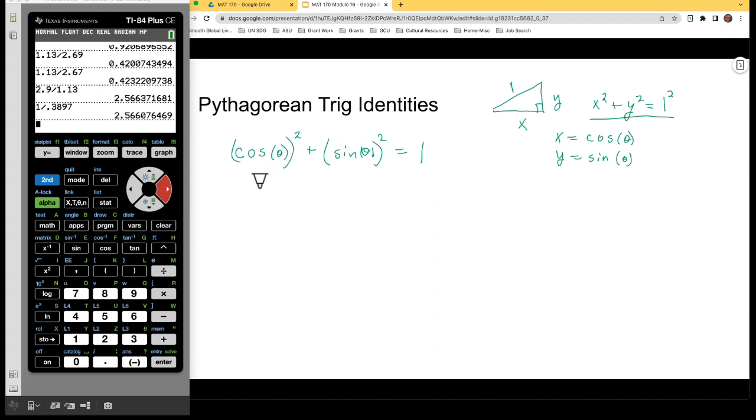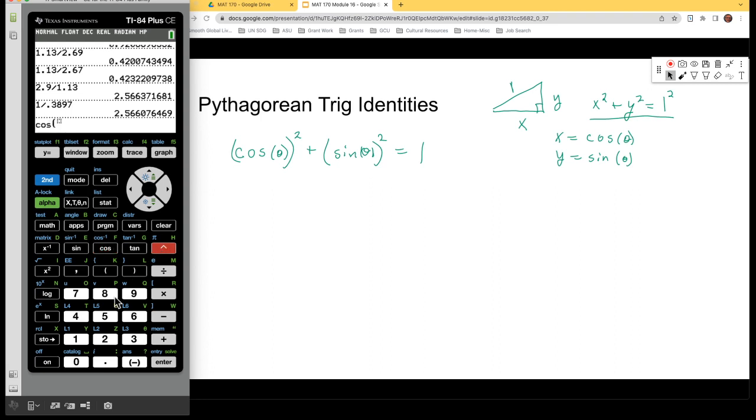Now I've got it written this way, because the way they write cosines, they put the square on here. But when you go to calculate cosine squared in your calculator, you can't do this. It doesn't look right, and it's not right. It's going to mess up.